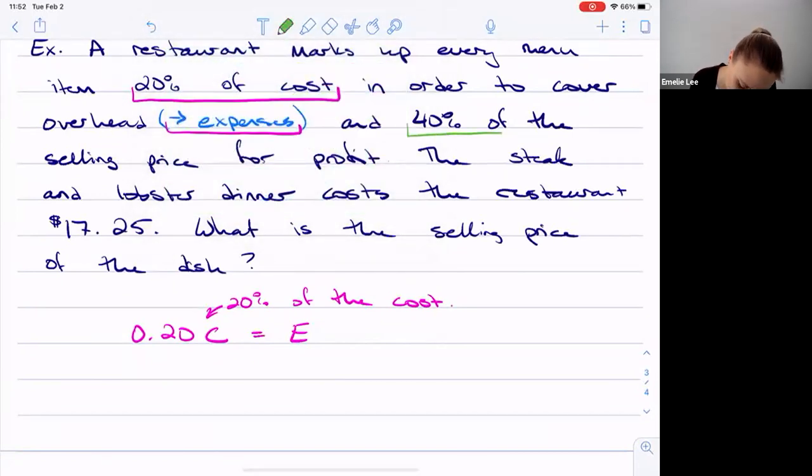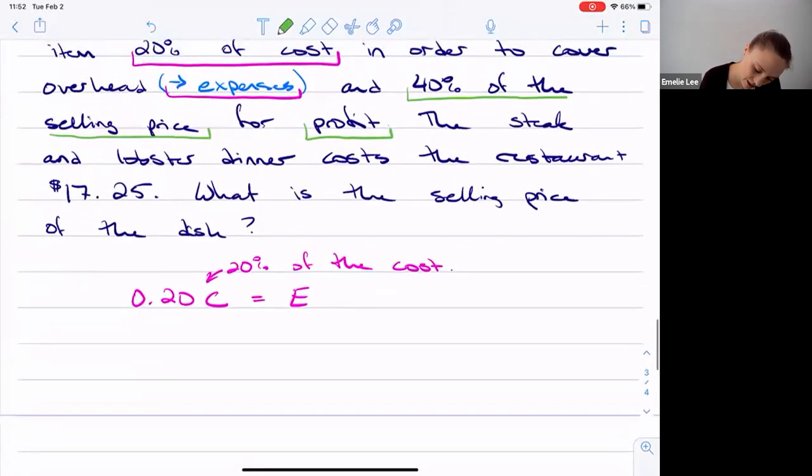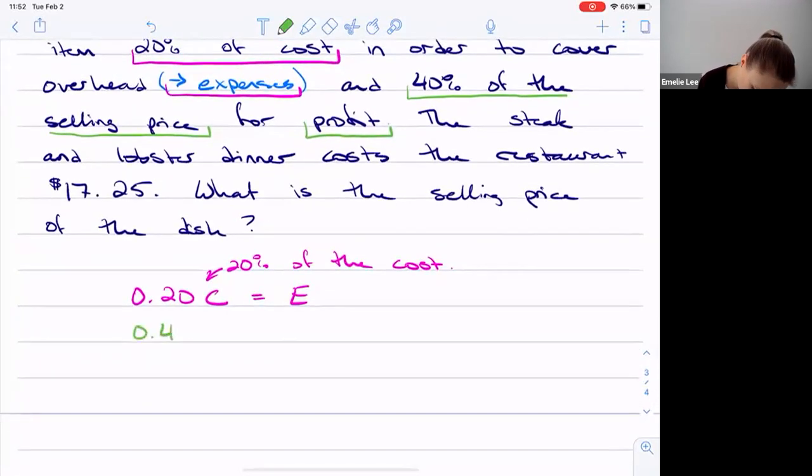And 40% of the selling price for profit. Same idea here. Now the selling price is what I'm multiplying by 40%. So I've got 0.40 S is equal to P. Okay. Notice that together it makes the markup. So in this case, it makes sense, right? They're marking up for the expenses and the profit.